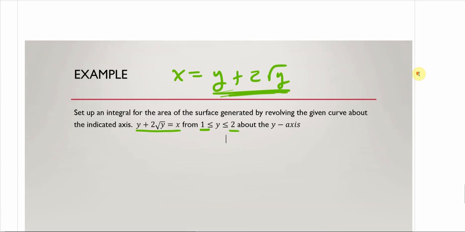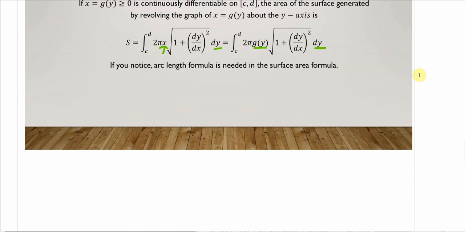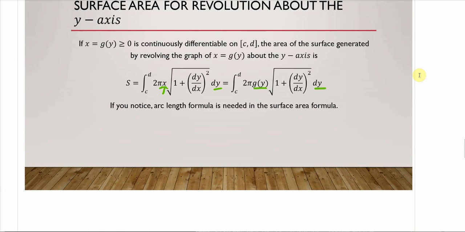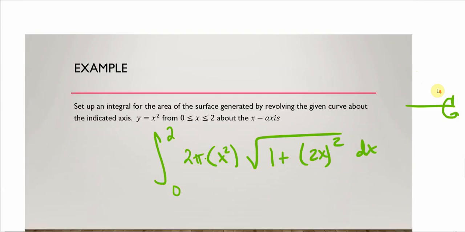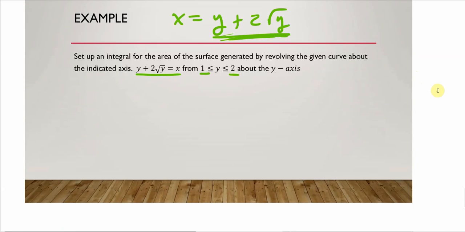What I needed to say about my formula here is I did make a mistake. My mistake is I put dy dx, and this should be dx dy. That's my mistake. All right, so if I was to set this up, I would say the integral from 1 to 2, and I want to put in here 2 pi x.